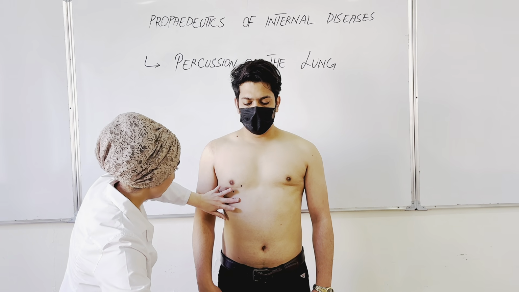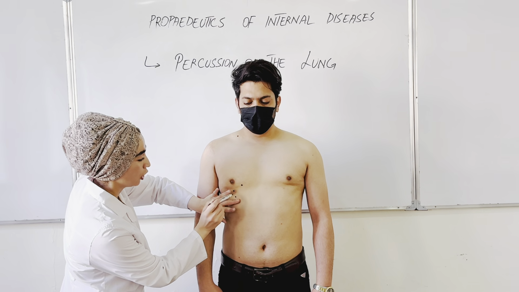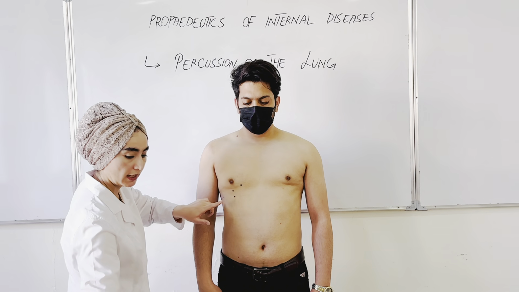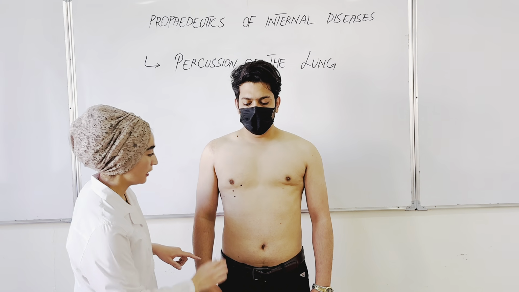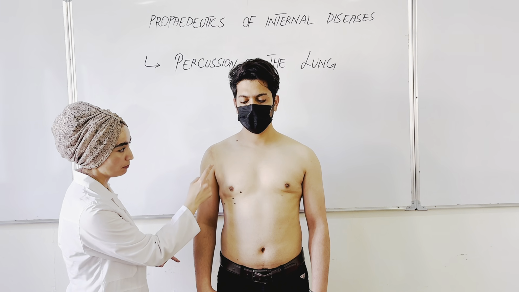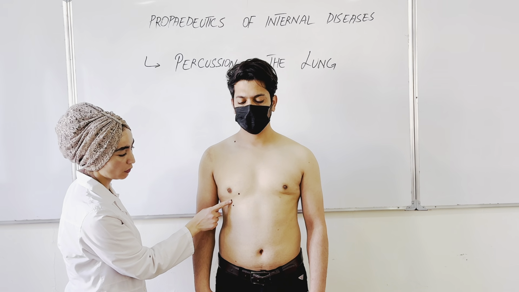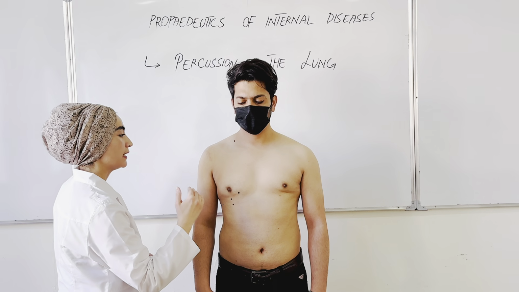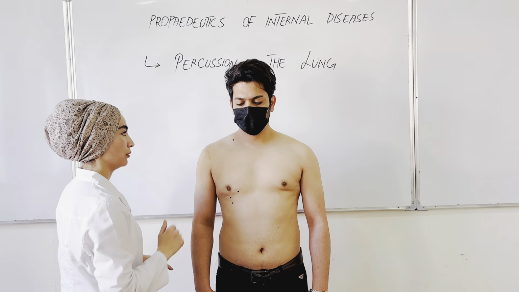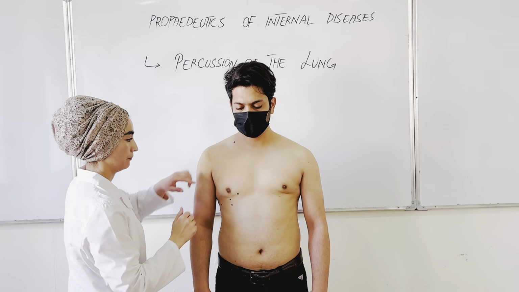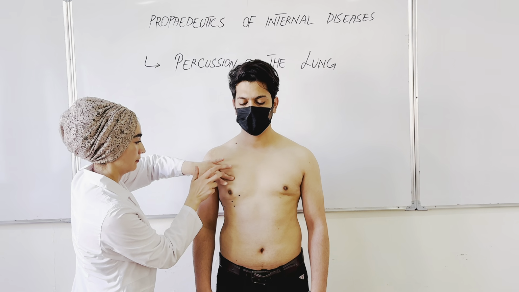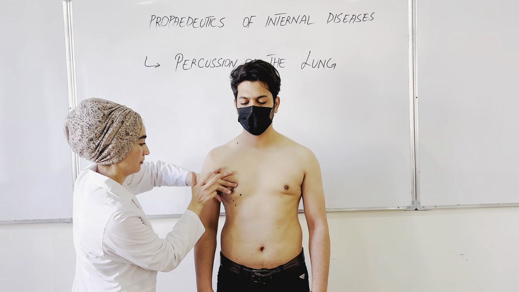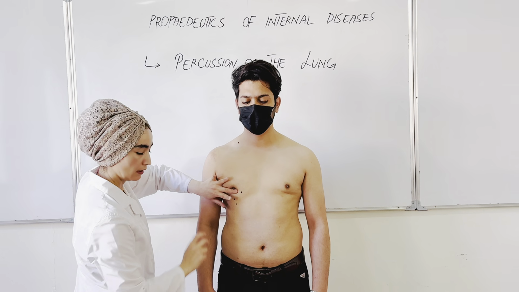Enough. You see that the lower border moves down; the normal mobility of the lower border in the mid-clavicular line is 2-3 centimeters down. Now do deep exhalation and hold it. Dull sound.